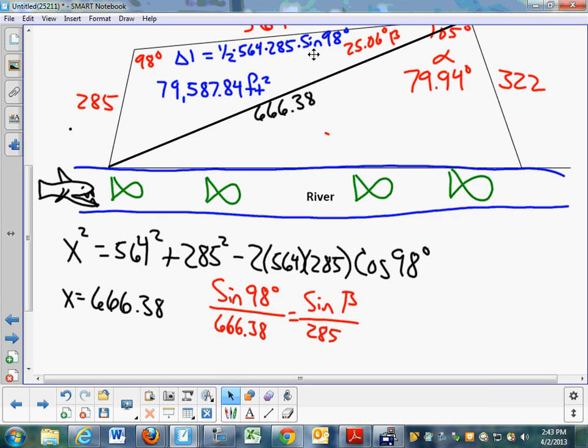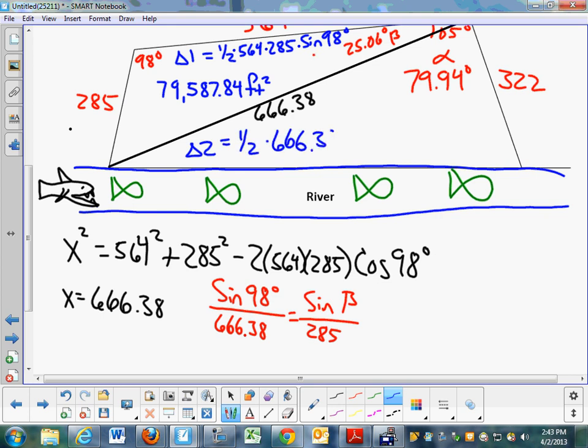Do I now have enough information to use my area formula? Yes, I could say that triangle 2 has area equal to 1/2 times 666.38 times 322 times the sine of 79.94. That's going to be a big number. Who got it? It's like 105,000. What do you got?